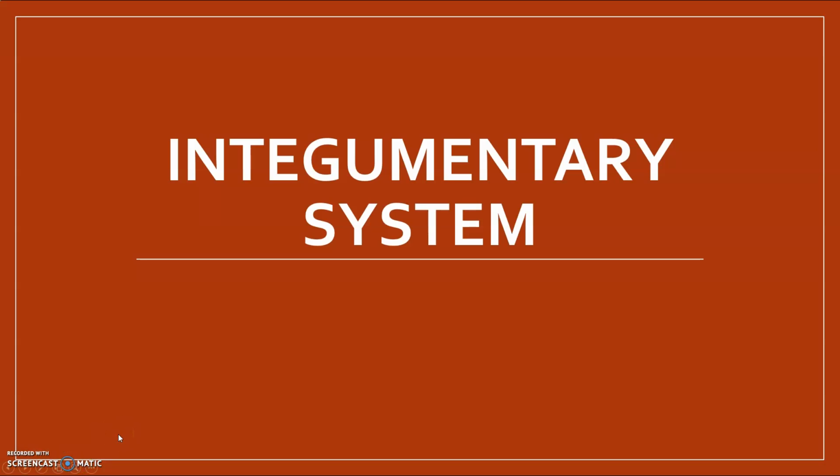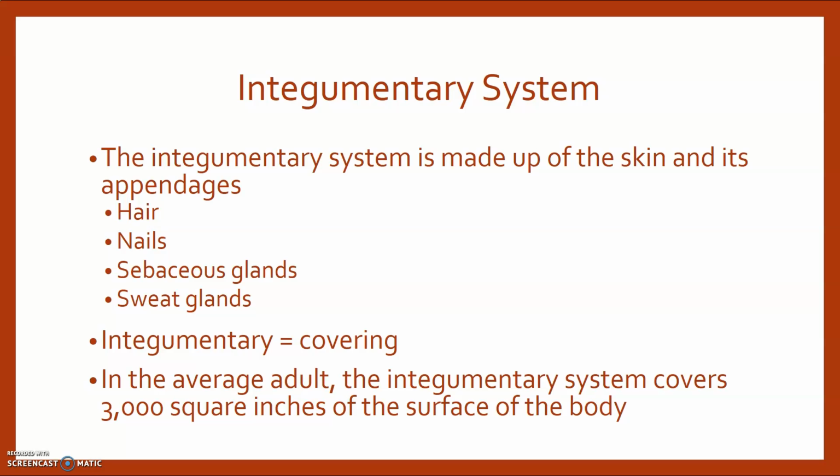For today's class, we are introducing the integumentary system, and we will begin by looking at the skin structure. Integument is another name for skin. In fact, skin is the principal organ of the integumentary system.